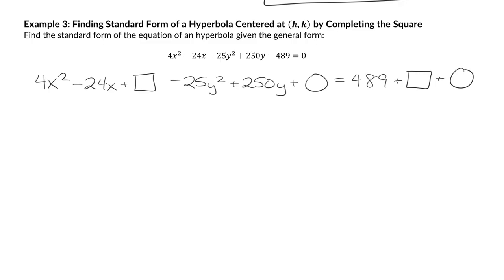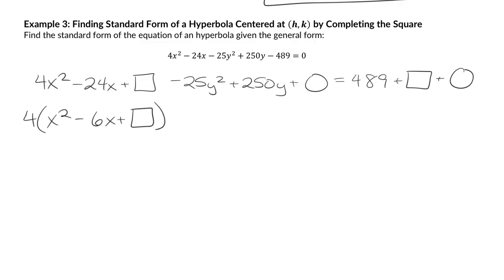Now this was the step with ellipses that might have been confusing with me not explaining it. To complete the square, the term in front of the x squared should be 1, the coefficient. So for all of the x's, what should I divide all of the x terms by? 4. So my next line of this equation would be 4 times x squared minus 6x plus mystery box.